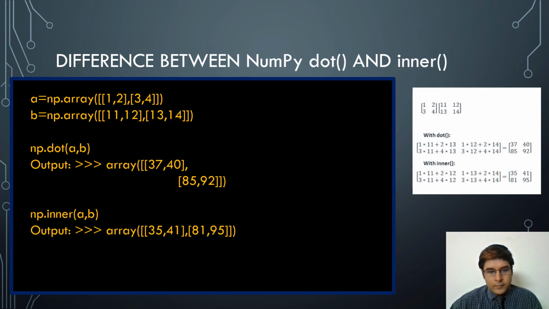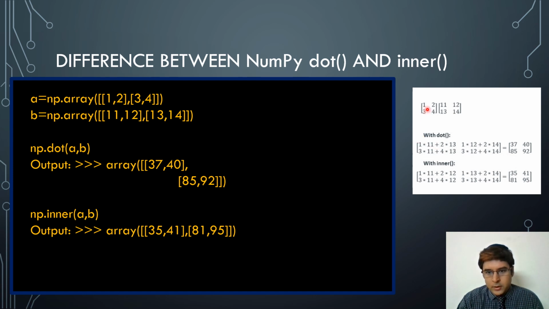So in this slide we discuss NumPy dot and inner differences. Dot and inner are two functions in NumPy that generate dot products and inner products of their corresponding parameter objects. So if we have two array objects like this, and we write np.dot(a, b), it will produce output as this, where the difference is shown here.